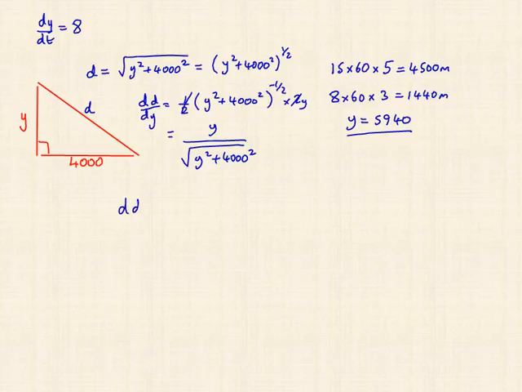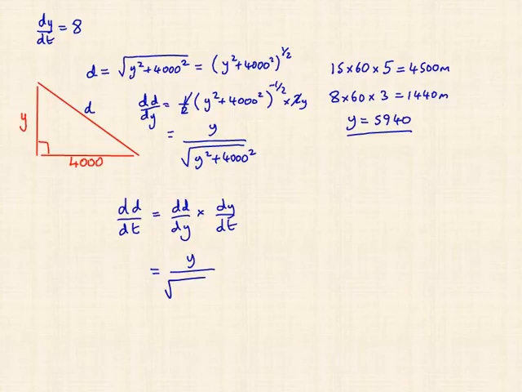Now we want dd/dt, which is dd/dy times dy/dt. So dd/dy is y over the square root of y squared plus 4,000 squared, and we need to multiply that by 8.